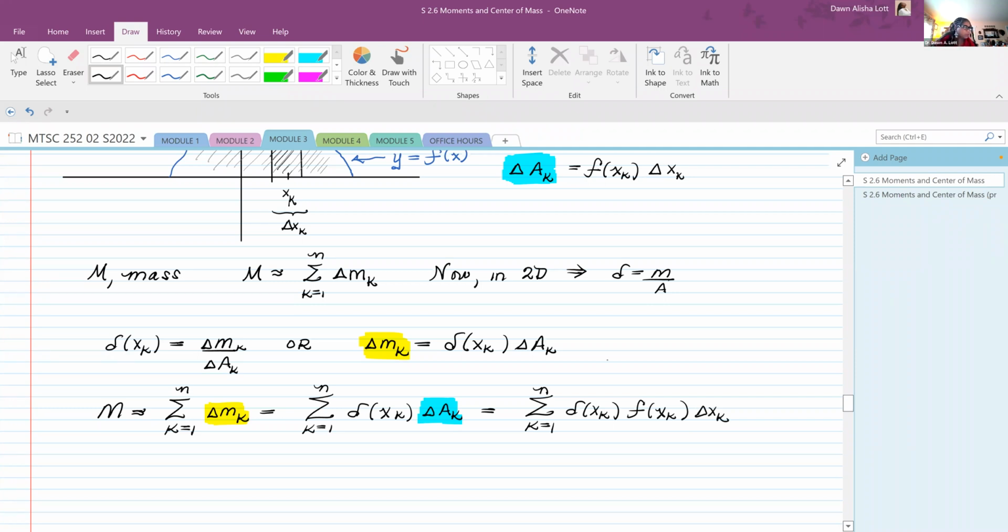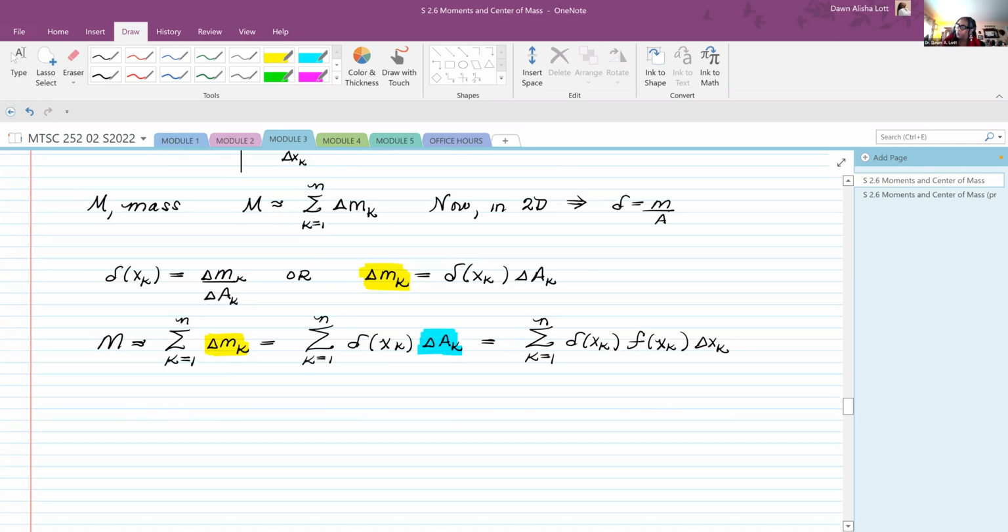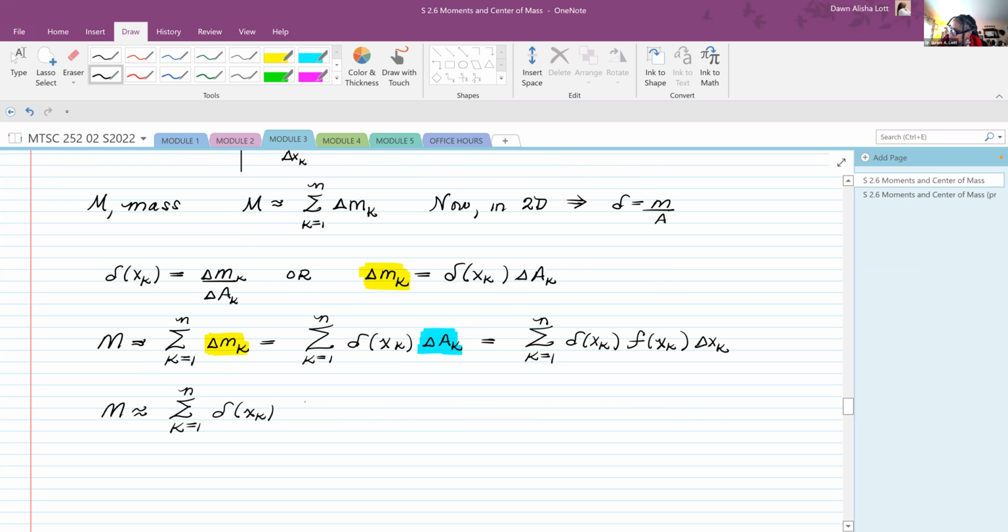So I have a nice formula for mass. Mass is approximately the sum, k equals 1 to n of delta of xk, that's the density, my function f at xk, that's my y value, times my delta xk, which was the length of the little tiny interval.